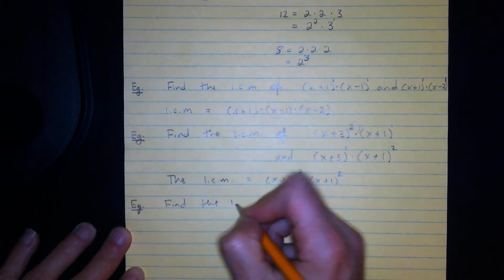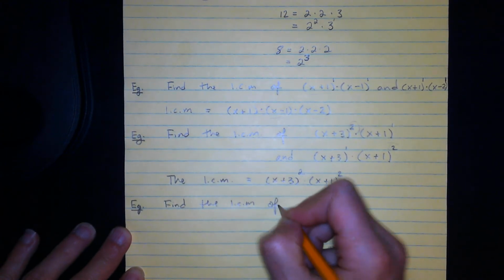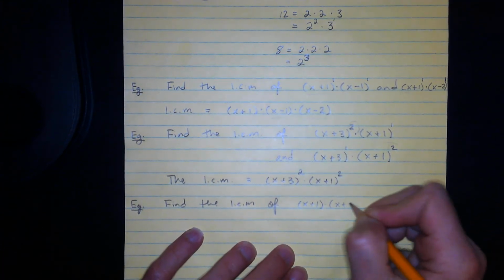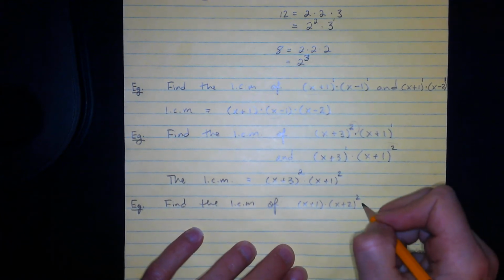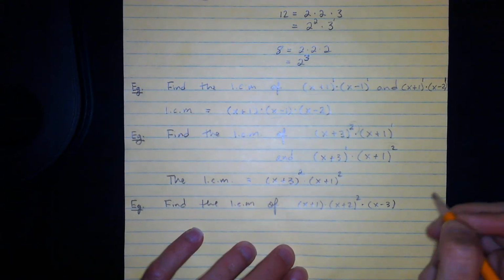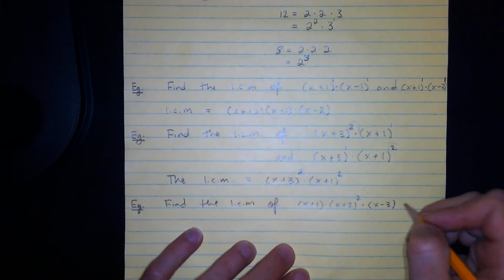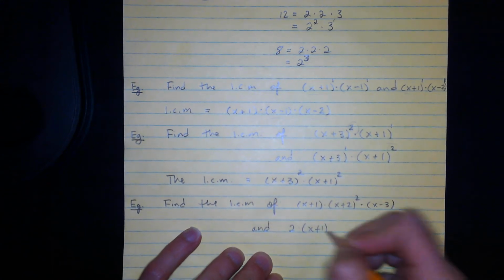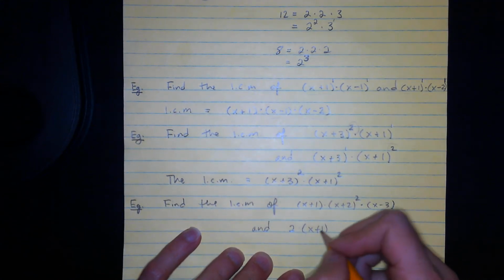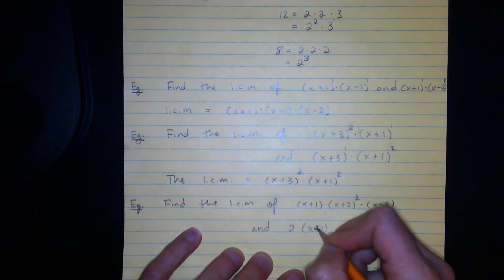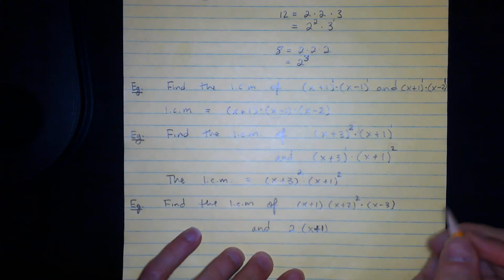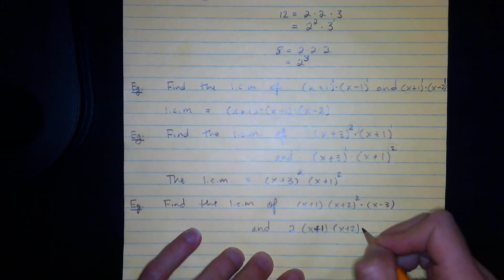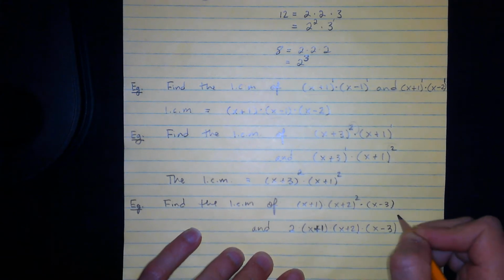Find the LCM of x plus 1 times x plus 2 squared times x minus 3, and 2 times x plus 1 times x plus 2 times x minus 3 cubed.